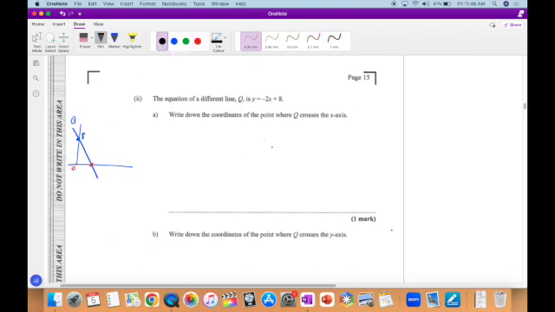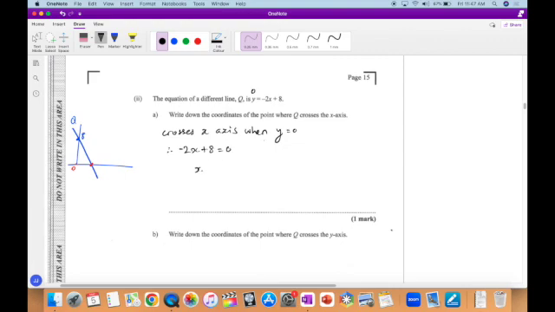It cuts the x-axis when y is equal to 0. So if y is equal to 0, therefore negative 2x plus 8 is equal to 0.